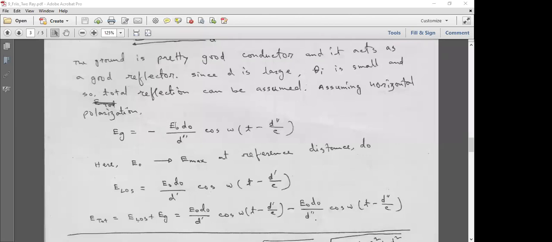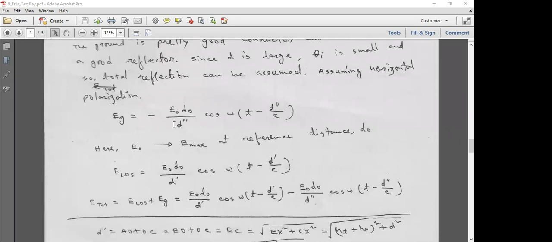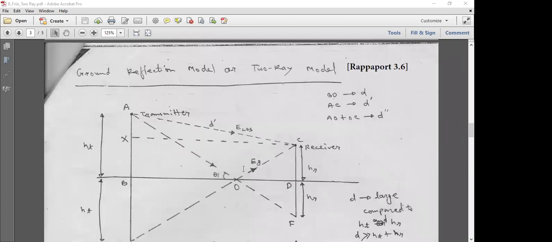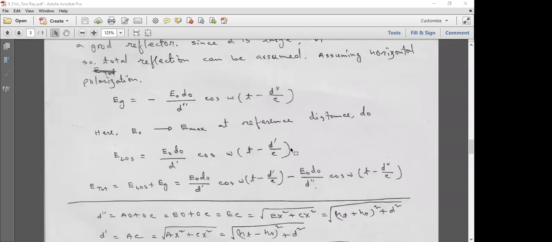At the point of reflection, there's a change of phase by 180 degrees. So these are the two electric field components getting to the receiver. The receiver will receive a summation of these two. Very simple. Let's just sum up these two.